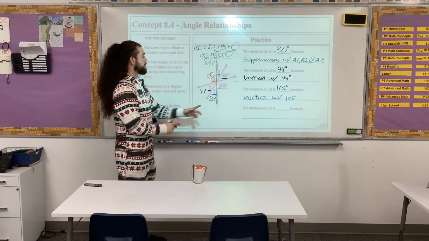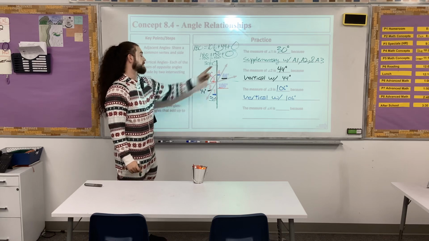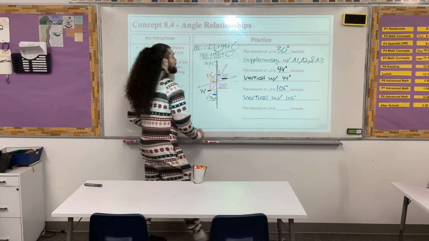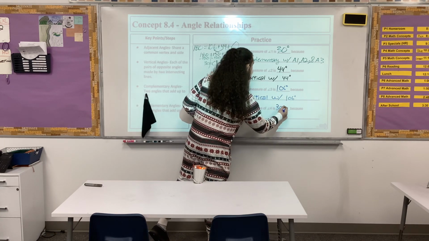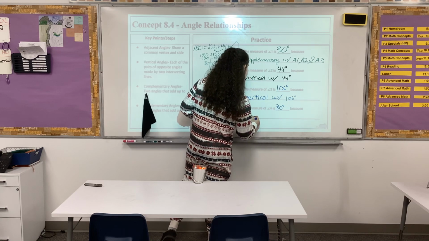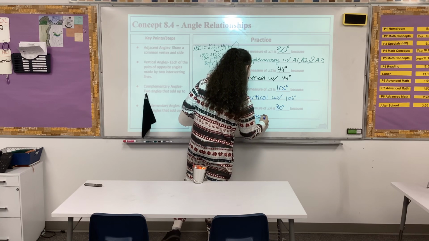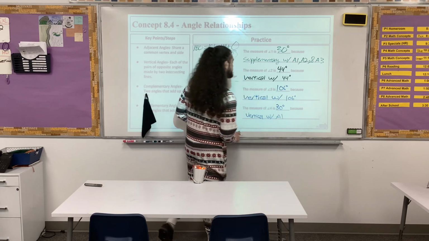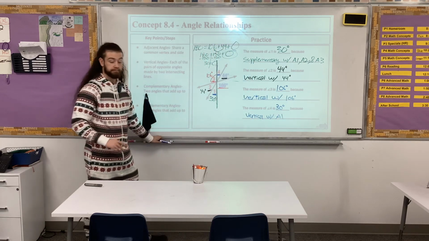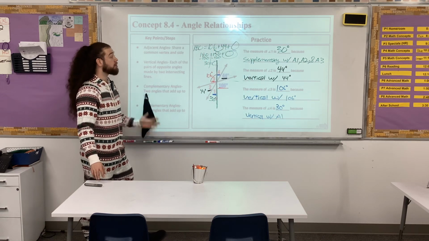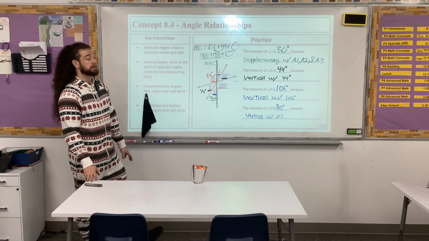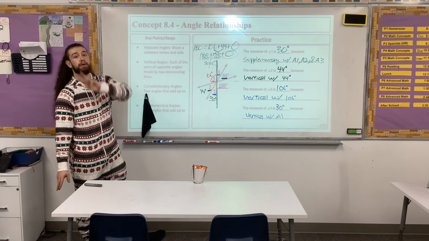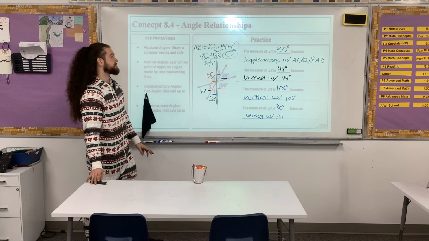Well, now that I know 1, its vertical angle pair is 4, so 4 is the same. 4 is 30 degrees because it is vertical with angle 1. Amazing. So we were able to find all 6 angle measures just based off of 2 measures because I know my relationships.